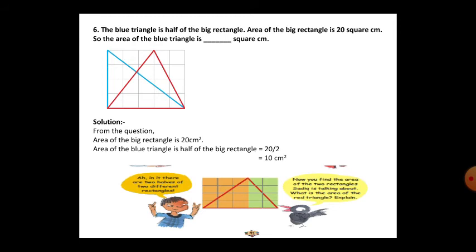Here there are two halves of two different rectangles. Now find the area of the two rectangles. Sadiq is asking what is the area of the red triangle. Explain. Yes, you are right.